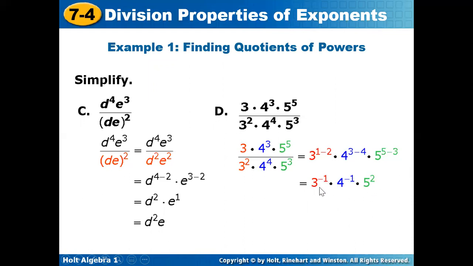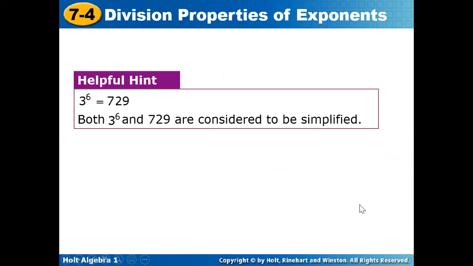We are going to make sure that our exponents are positive. So we bring those down, and now we simplify. So either way can be considered simplified, right? You don't always have to multiply it out.